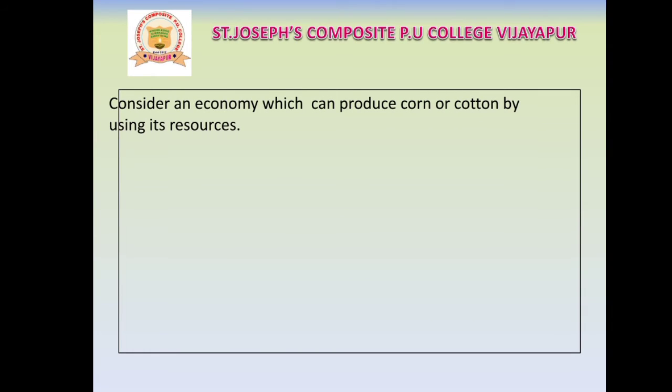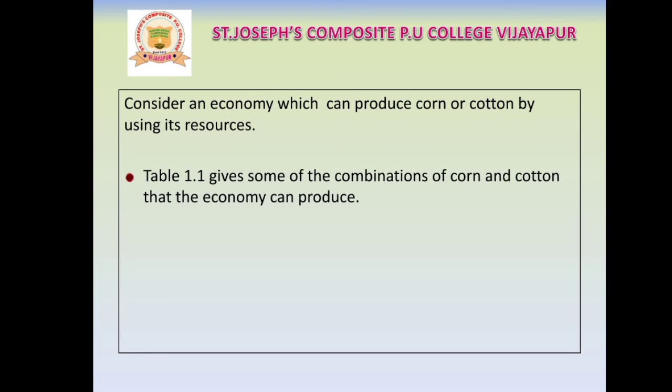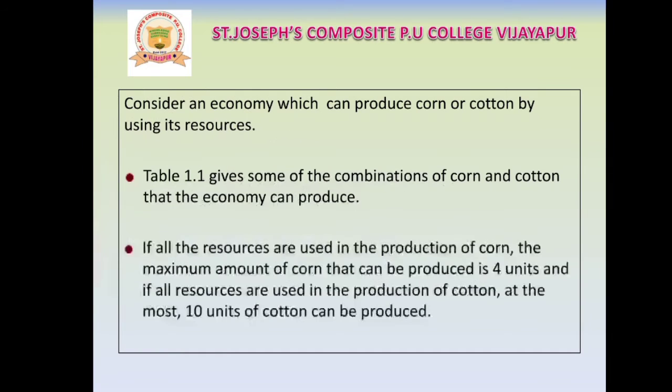Consider an economy which can produce both corn and cotton by using its resources. The table gives some combinations of the two commodities. As I said already, if all the resources are used only for corn, the maximum amount of corn that can be produced is 4 units.